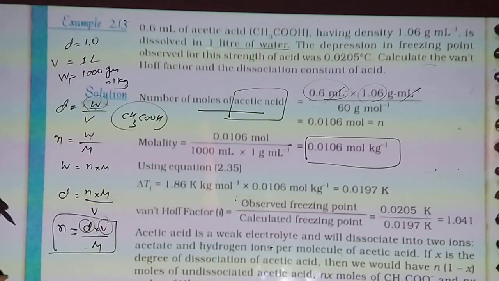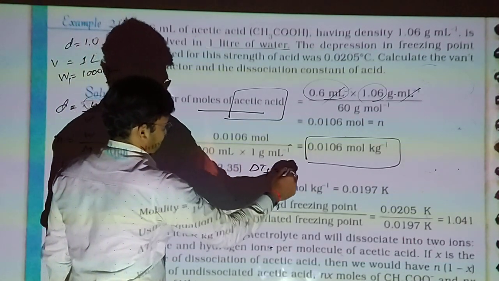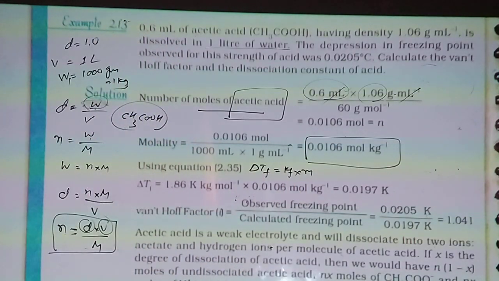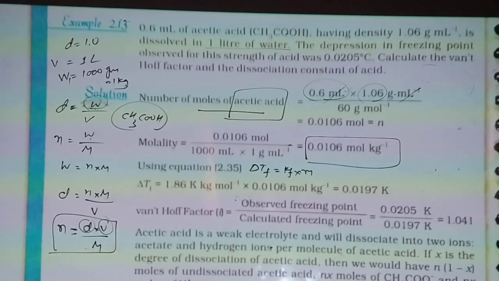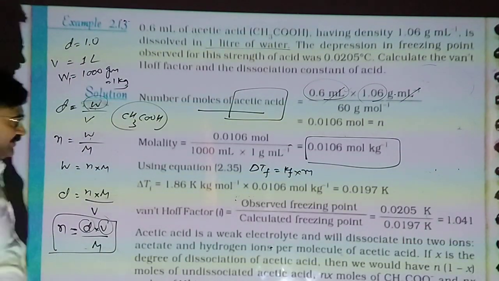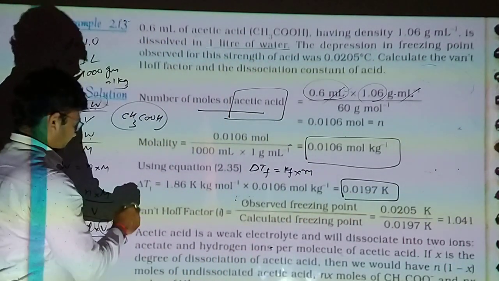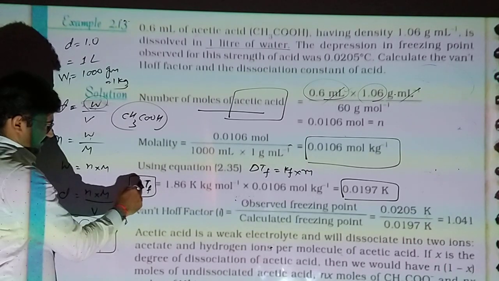Using this formula, delta Tf is equal to Kf into m. Kf is given 1.86, molality 0.0106, so 0.0197 Kelvin. Understood? This is the depression in freezing point.